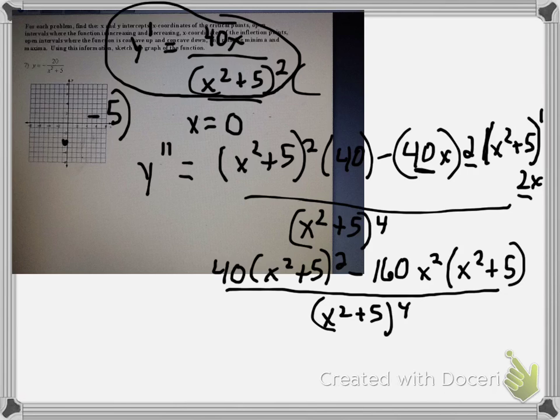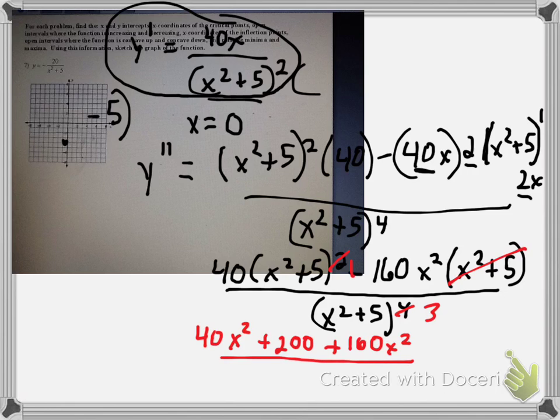I can take an x squared plus 5 out of every term. So this becomes a 1. That goes away. That becomes a 3. So all I have is 40x squared plus 200 plus 160x squared all over, sorry, that's a plus there.